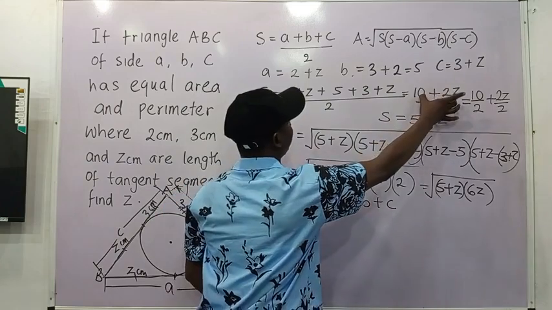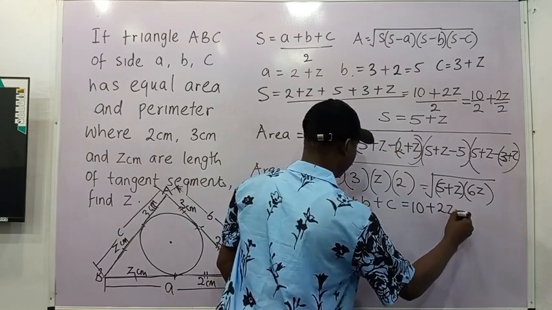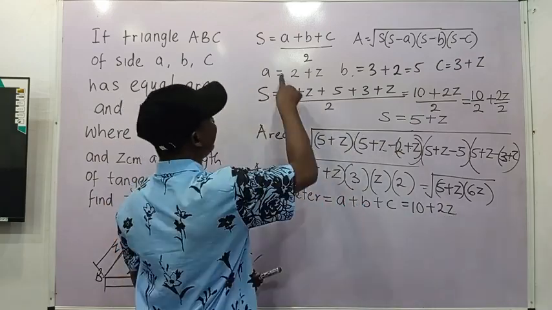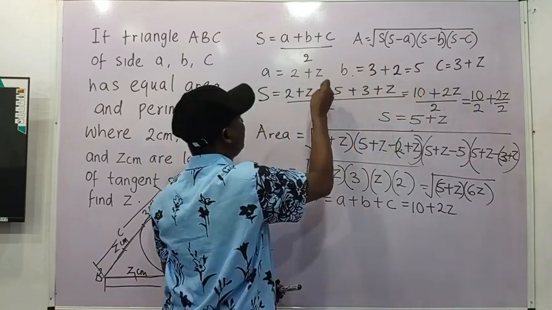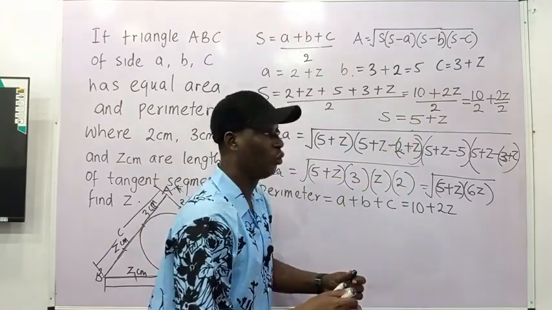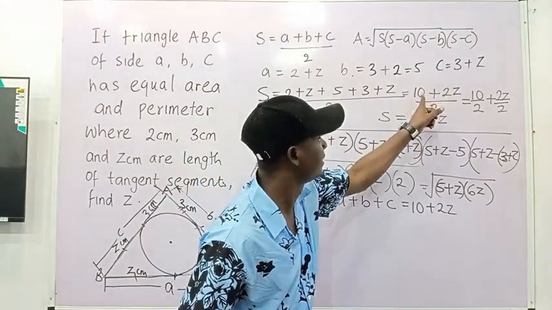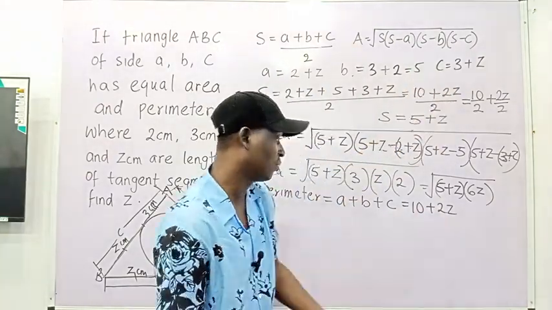A plus B plus C will give you 10 plus 2Z. Because if you add these together, the numerator, this one, it gives us 10 plus Z. So we don't need to begin to add this again when we have already gotten 10 plus Z when we added it. So this is what we are going to have.